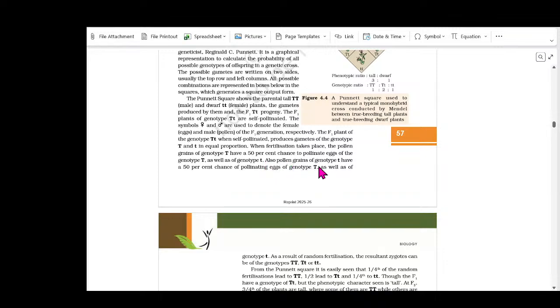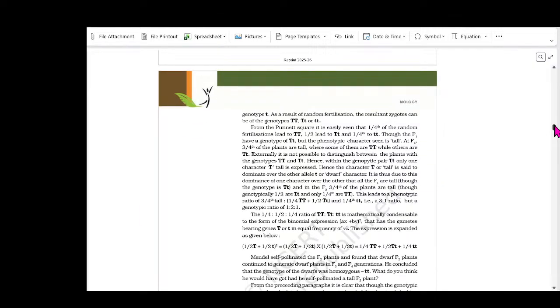Also, pollen grains of genotype small t have a 50% chance of pollinating the eggs of genotype capital T, as well as of genotype small t. As a result of random fertilization, the resultant zygotes can be genotypes capital T capital T, capital T small t, or small t small t.